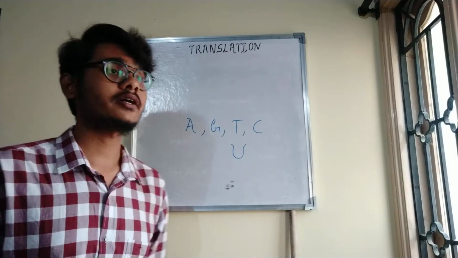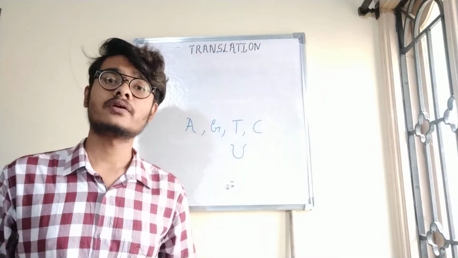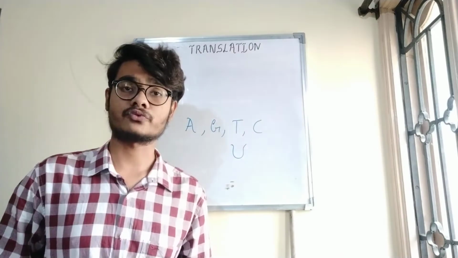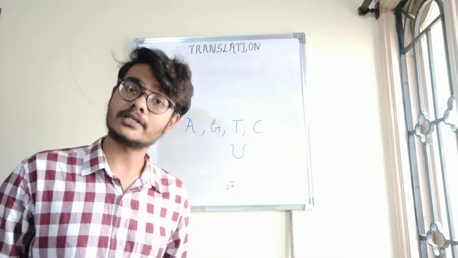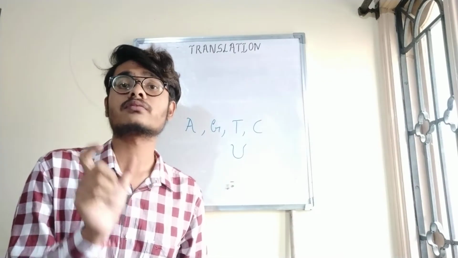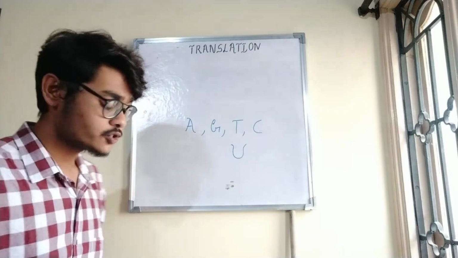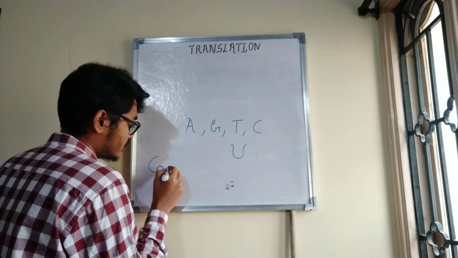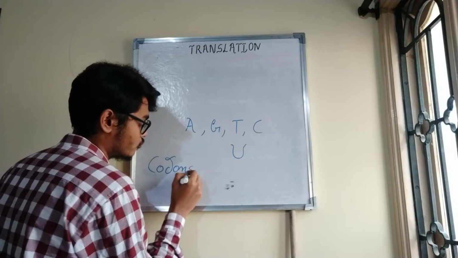When these bases are present on the mRNA, the ribosome cannot read the individual base. It reads the bases which are in a sequence. So now I'm talking about codons. So what are codons?